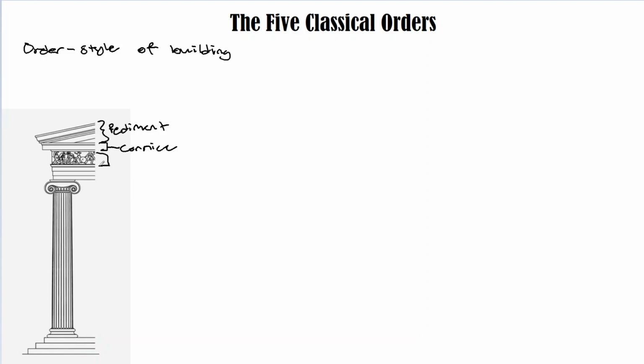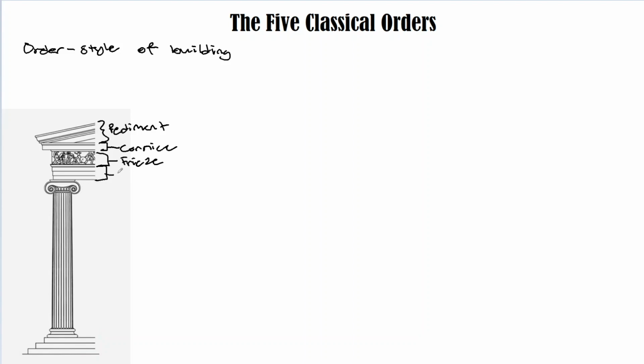After that is called the frieze. Now the frieze is important because a lot of sculptures are located on this area, particularly relief sculptures. This is basically when the sculptures are directly carved into your frieze or into the wall, in this case.